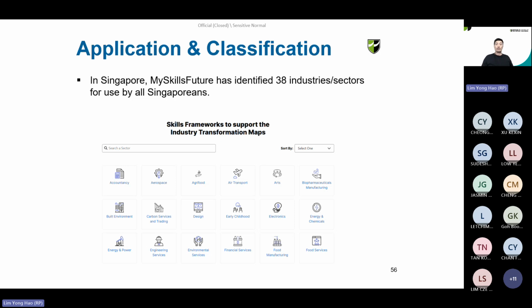In the industry maps, they talk a bit about the industry, the sector and the job prospects, and they have quite a bit of job descriptions within that report that allow you to see what common jobs are within those industries. There are 38 industries based on a classification, and there are certain ones that have a lot more spotlight, which the Singapore government has looked at and said are growing sectors.